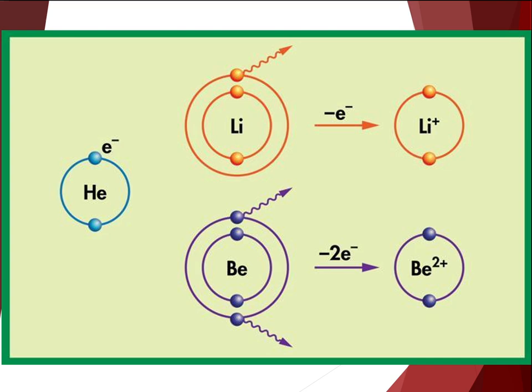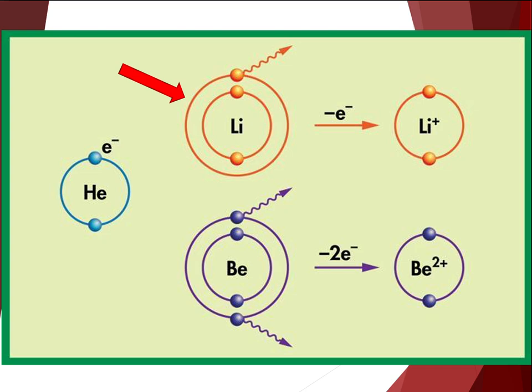So, to achieve this configuration and to become ions, the atoms of the metallic elements, again, elements on the left side of the periodic table, close to helium on the periodic table, lose electrons so that their valence shells contain 2 electrons. For example, lithium, Li, has a total of 3 electrons. 2 of these electrons lie in an inner shell.